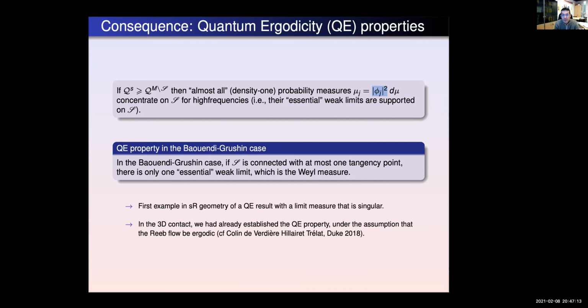It means that they may converge to kind of Dirac measures along the singular set S.